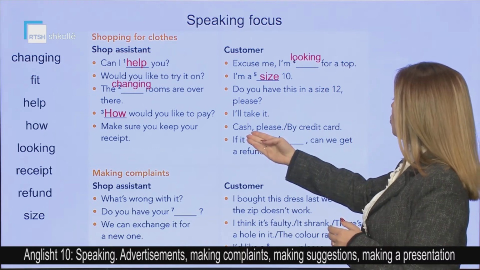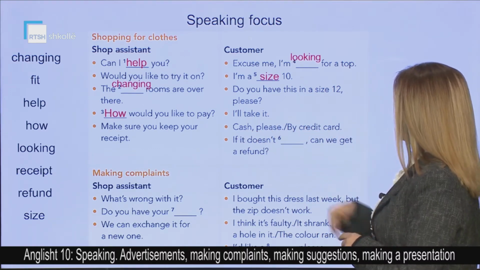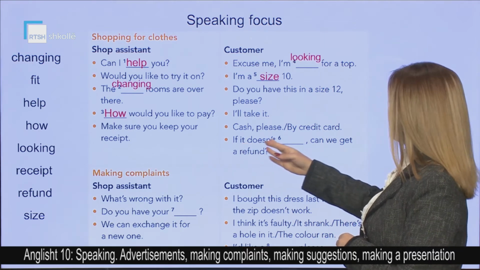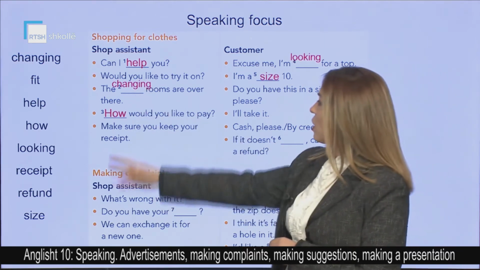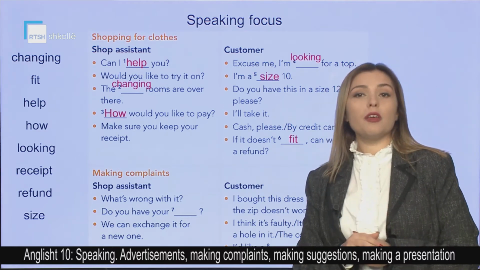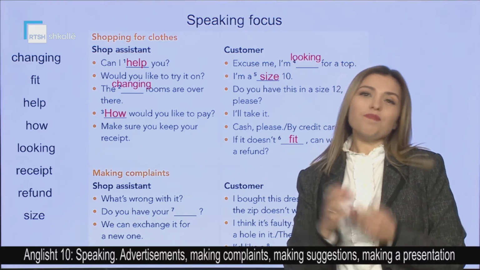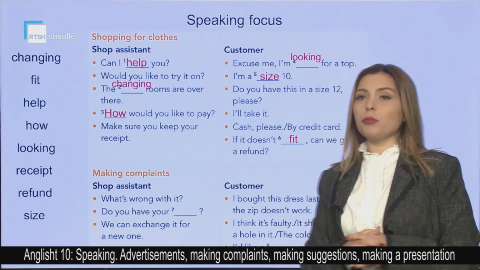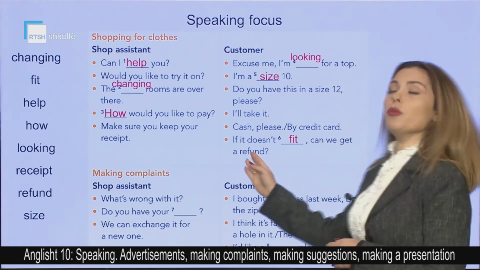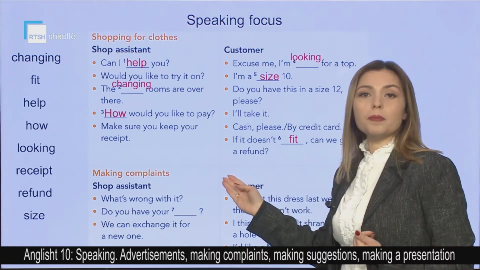Or when you want to pay by cash or by credit card, and if it doesn't, what? Take a look at the words. If it doesn't, for example, fit, if I've taken something, I go and I try it at home, but I don't really like it, it doesn't fit me, can we get a refund? So can I get my money back?